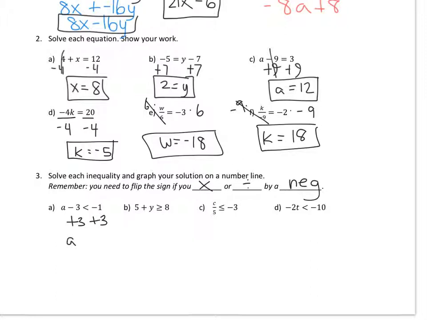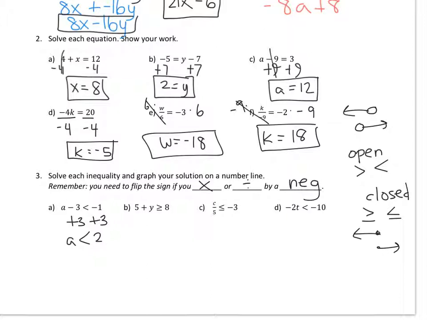So it's a is less than 2. When you have an open dot, you use an open dot like this. If you have a greater than or equal to or less than or equal to, you're going to use a closed dot, and that looks like this.